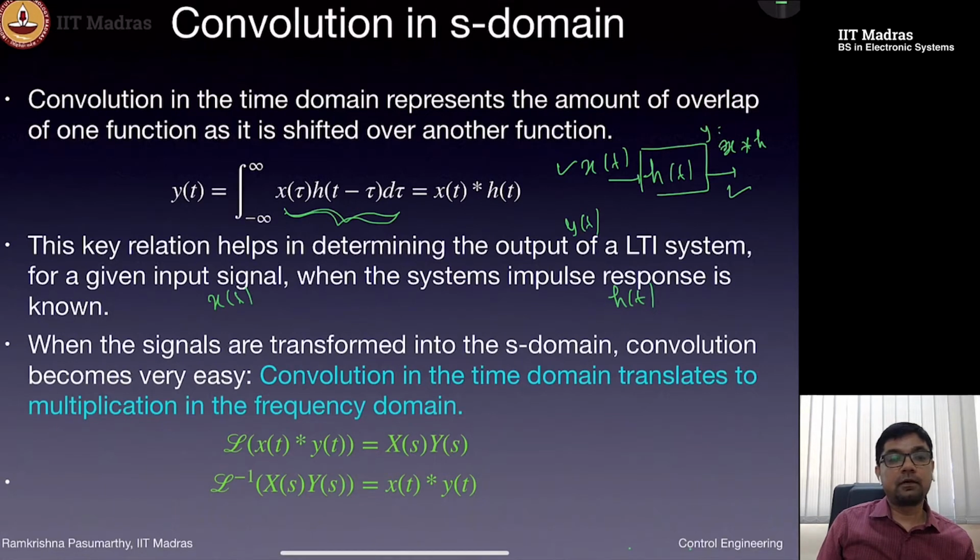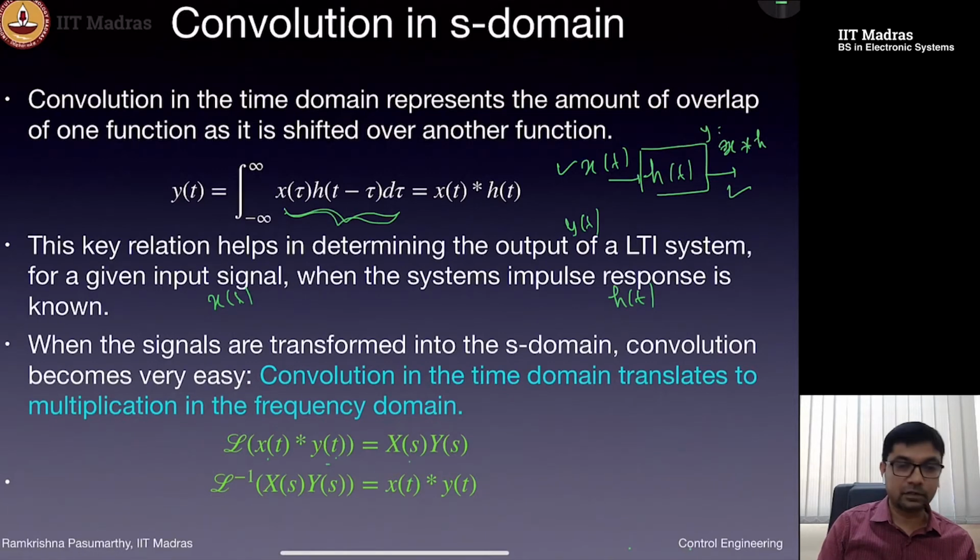What we will see now as a magic is that when the signals are transformed into the s domain, convolution becomes very easy. Convolution in the time domain just translates to multiplication in the frequency domain. As simple as: I have x convolved with y, I take the Laplace transform, and it looks very nice on the right hand side as the Laplace transform of x, which is the input signal, times the Laplace transform of y, which is another signal.